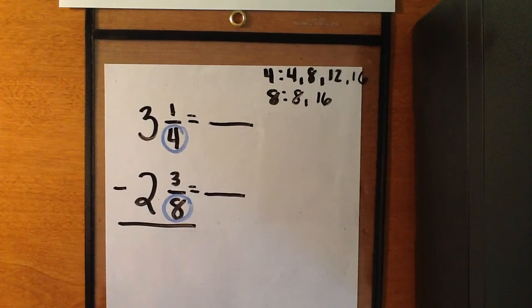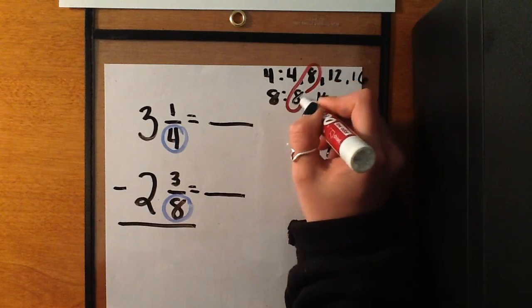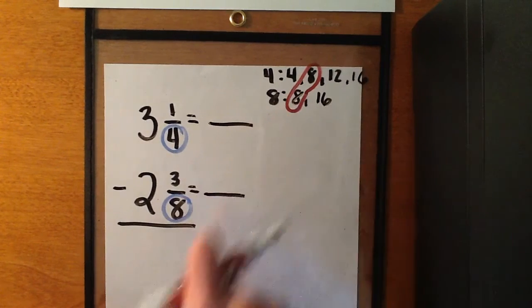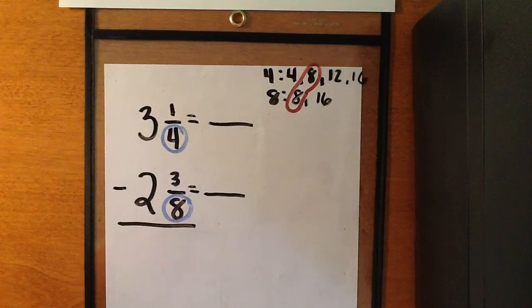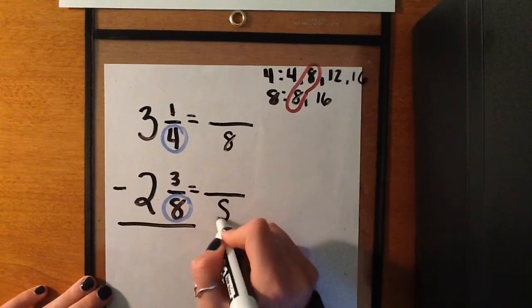I'm going to circle 8 because they both share 8. I know that they both share 16, but you want to do the first one that you see usually. You can still do 16, but you might have to simplify. And I'm going to write 8 as the denominator for both of them.